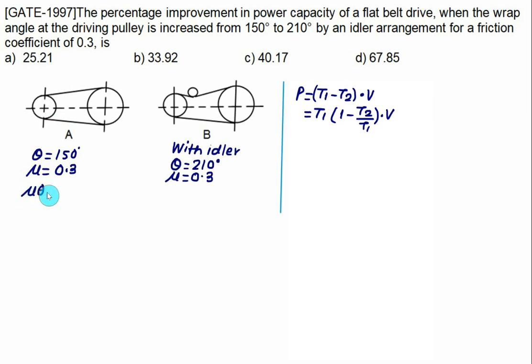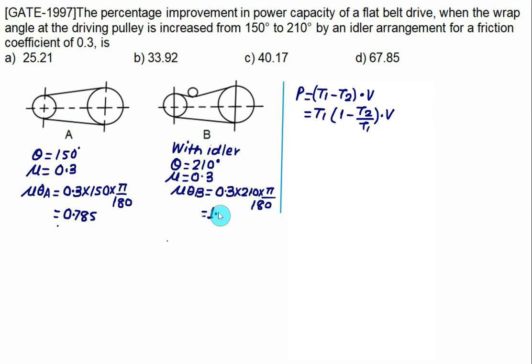In the first case, theta A, it is 0.3 multiplied by 150 multiplied by pi divided by 180, which gives 0.785. Similarly, the product of mu into theta B in the second case is 0.3 multiplied by 210 multiplied by pi divided by 180, approximately equal to 1.11.